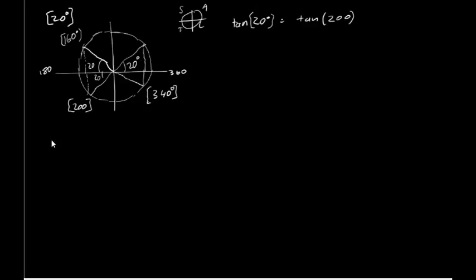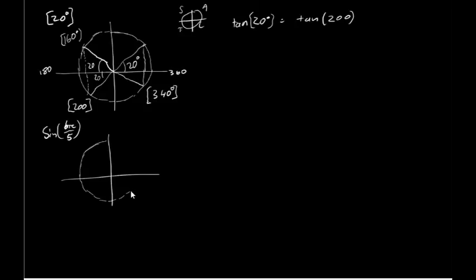Second bit of information, or second question: express sine of 6 pi on 5 in terms of the first quadrant value.